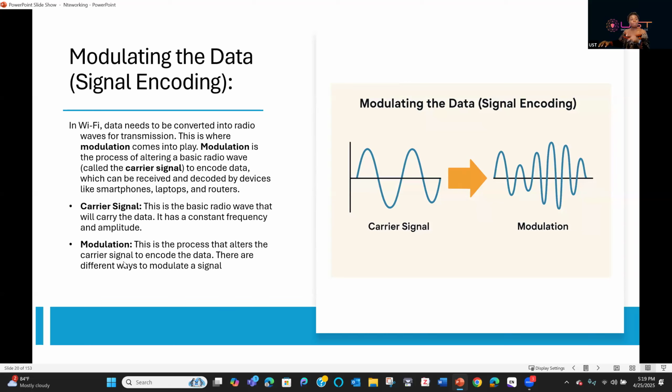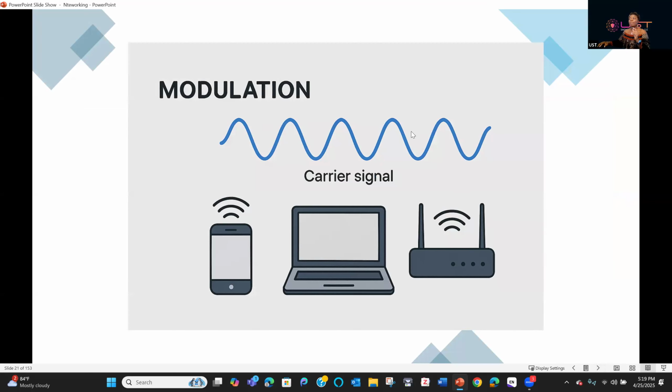Then modulation comes in now, the process that alters the carrier signal to encode that data. There are different ways to encode a signal, right? And we have just touched on all three types. This is a typical example.